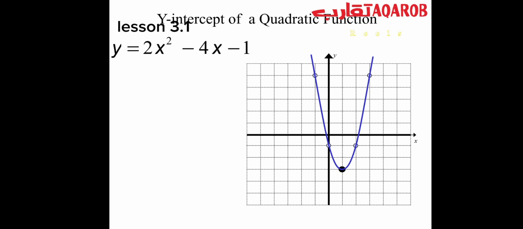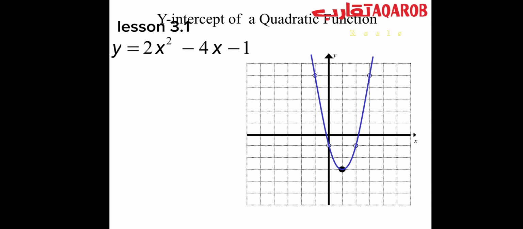So to graph a parabola, all we need is to find the axis of symmetry equation. Use it as the x coordinate of the vertex, find the y coordinate, then find the vertex point, and decide if it's looking up or down according to the sign of a. Then find the intersection of the parabola with the y-axis.